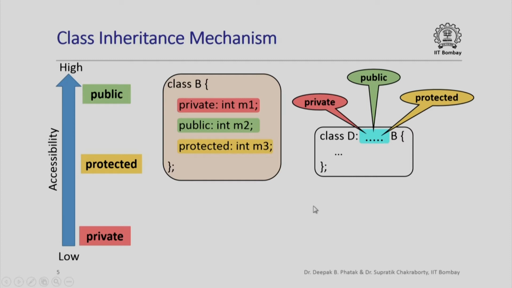And let us say I want to understand how this data member M2 can be accessed within the derived class D. So I pick up the access control specification for the data member M2, which is this green box denoting public, and suppose the class D has been derived from the class B in the protected mode.